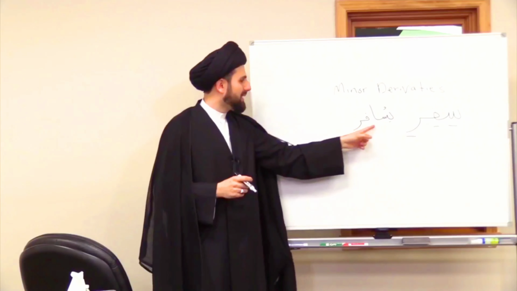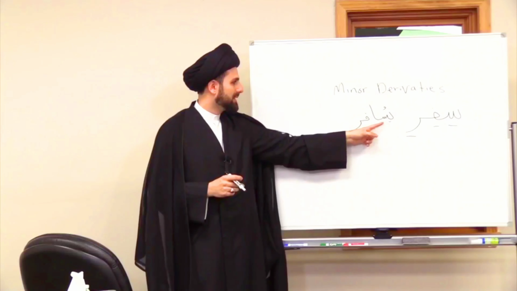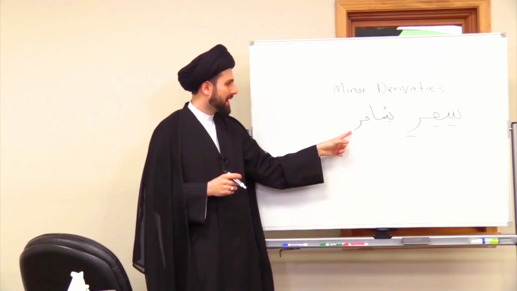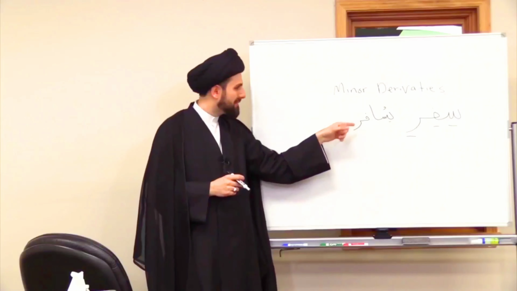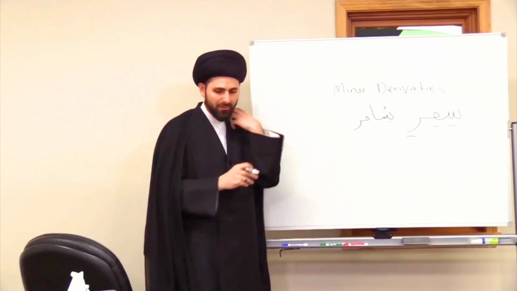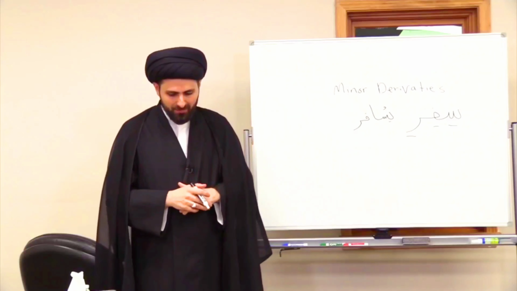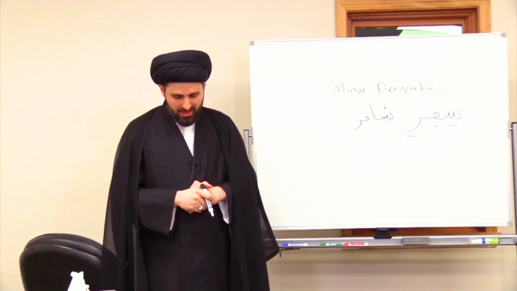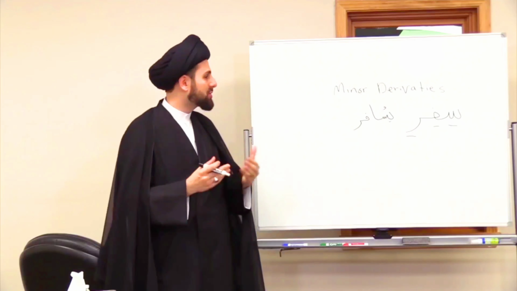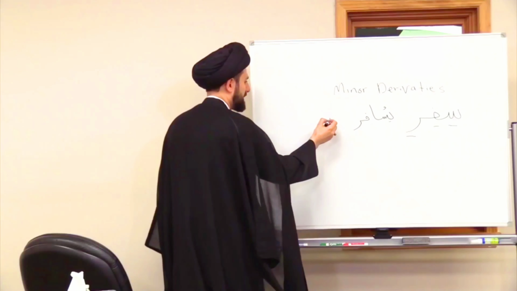But we see that the root word, the sin, the fa, the ra, stay there. Only the vowels change. Inshallah, in the future we will discuss these different forms. This is just to give you an idea. Now, you also have musafir.